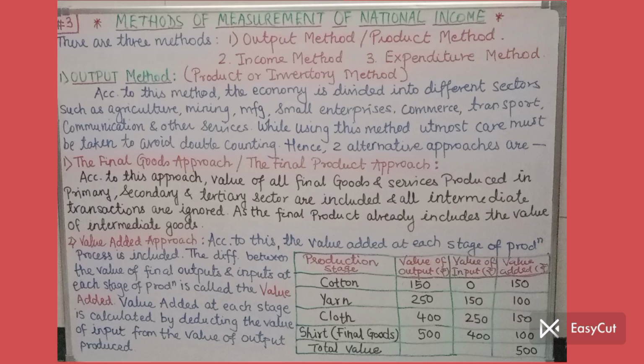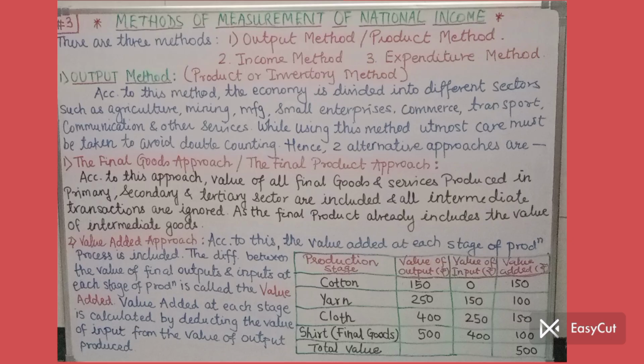Let us make this more clear with the help of a simple example of producing shirts. The table I have drawn on the board, please look at the table carefully so that you will understand it very easily. There are 4 columns: production stage, then second one value of output, third one value of input, and then we are considering value added.